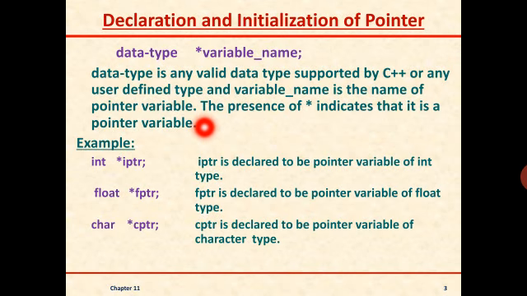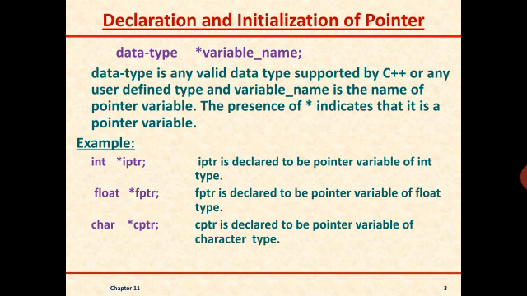Let me show you with an example. Suppose I declare int asterisk IPTR. IPTR is just the variable name. It is declared as a pointer variable of what type? Integer data type. Similarly, next example is float asterisk FPTR.